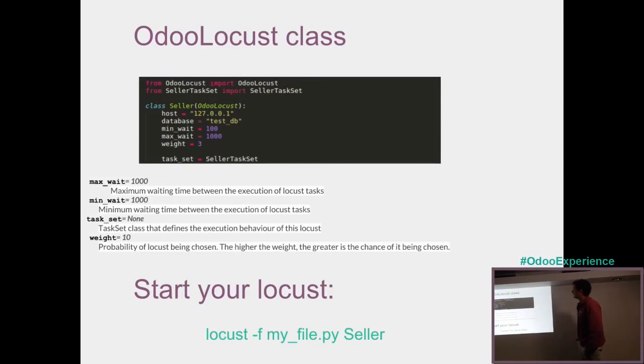After that, you just have to call on a Locust class here with some options. So you can directly define it on a database, on a special host, okay? And you also have some Locust options, like the max weight.